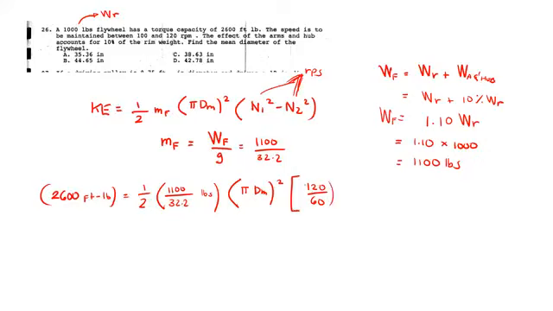So 120 over 60 squared minus 100 over 60 squared. Then shift solve and we get the mean diameter.